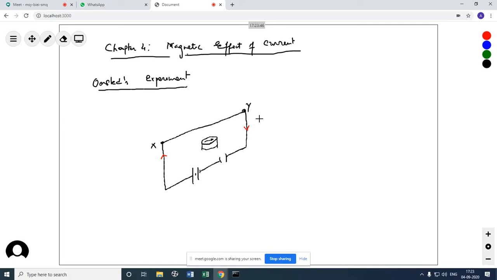So Oersted observed that the needle is giving deflection. When there is a current in the conductor, the needle is giving deflections.